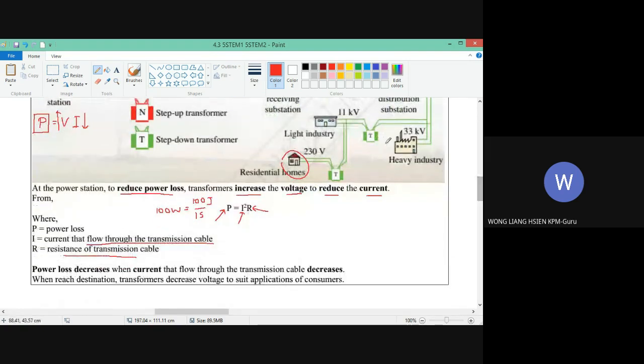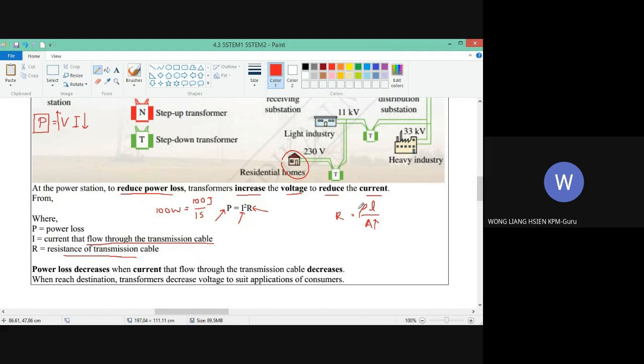So what more can you do? Remember, resistance is the resistivity times length over area. Length we cannot do anything about. So what we can do is use material with lower resistivity, and we also use a thicker cable. Okay, a thicker transmission cable made from material with low resistivity.